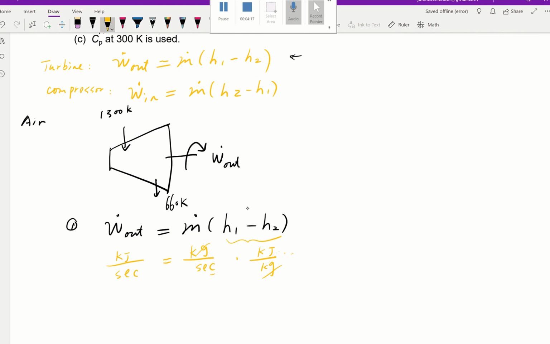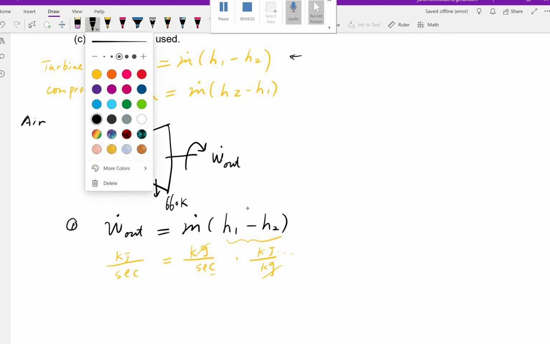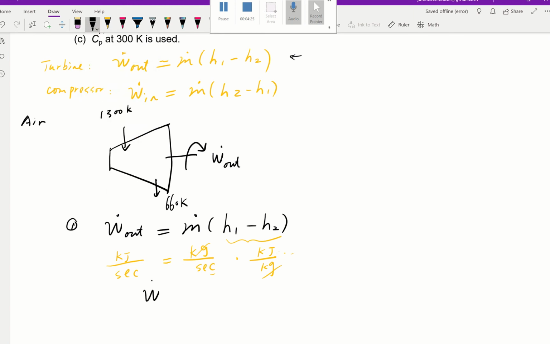Well, that happens to be work out over mass flow rate. That's kilojoules per second divided by kilograms per second, which gives kilojoules per kilogram.